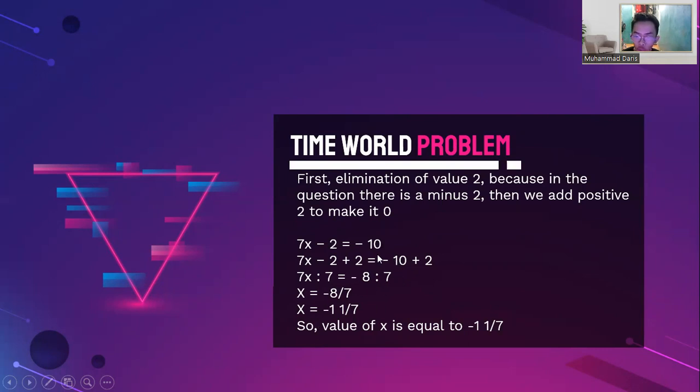And then to know 1x, we can divide both sides by 7, and then x is equal to minus 8 over 7, and then we can divide this minus 8 by 7. So the value x is equal to minus 1 and 1 over 7. I'm sorry, 1 over 7.